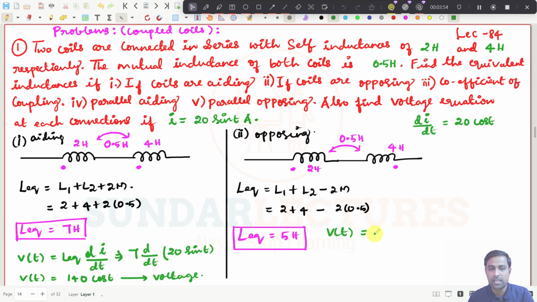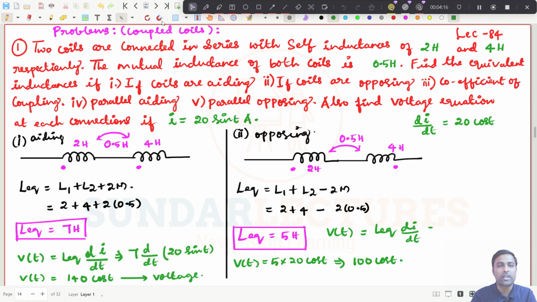This will be equal to L equivalent di by dt. It is the value we have already found. So V of t will be equal to, what is L equivalent? It is 5 into 20 cos of t. So finally you will get 100 cos of t. This is the voltage equation.